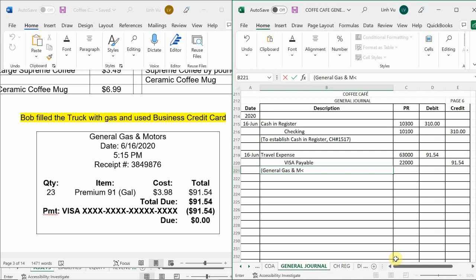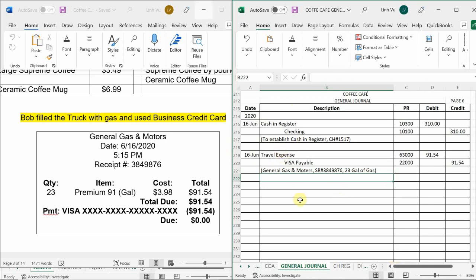Sales receipt. Sales receipt number 3849876. Okay. We bought 23 gallons of gas. Okay. And that's good enough. Okay.